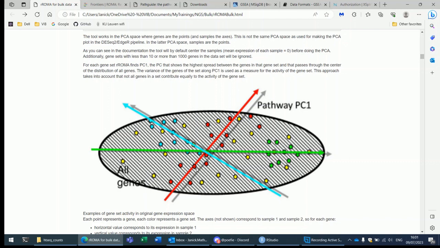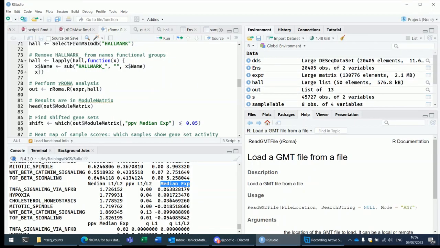For this gene set, the median will be close to the center because it's not shifted, it's over-dispersed. You have down and up regulated genes. For the green gene set, however, the median expression will be somewhere here, very far away from the center, from 0. The more positive or the more negative the median expression, the more shifted this gene set is.